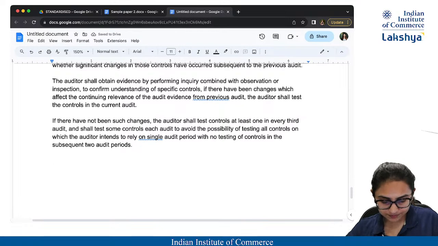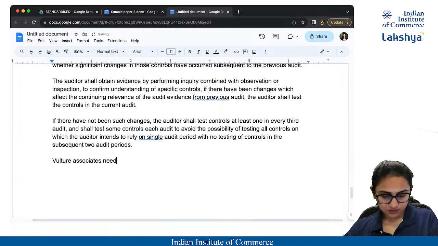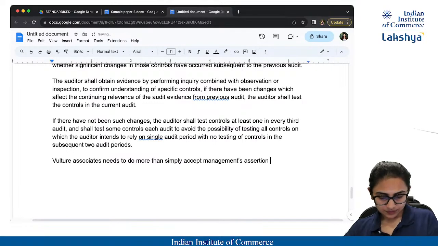What else can you say? Vulture Associates needs to do more than simply accept management's assertion that there have been no changes to control.